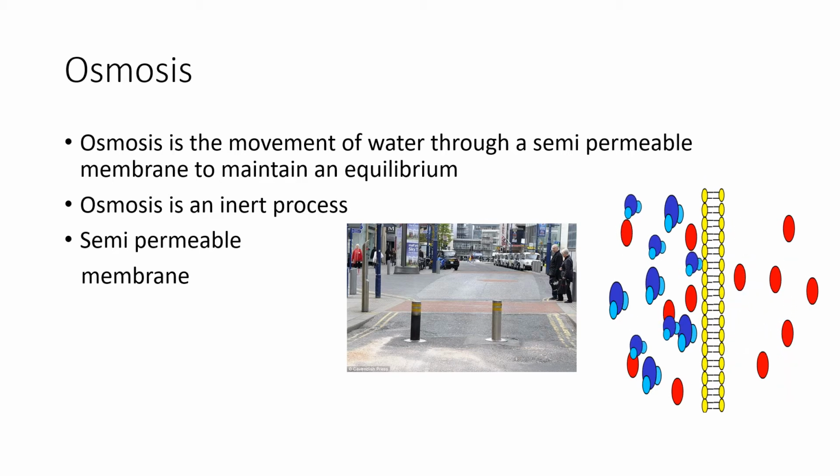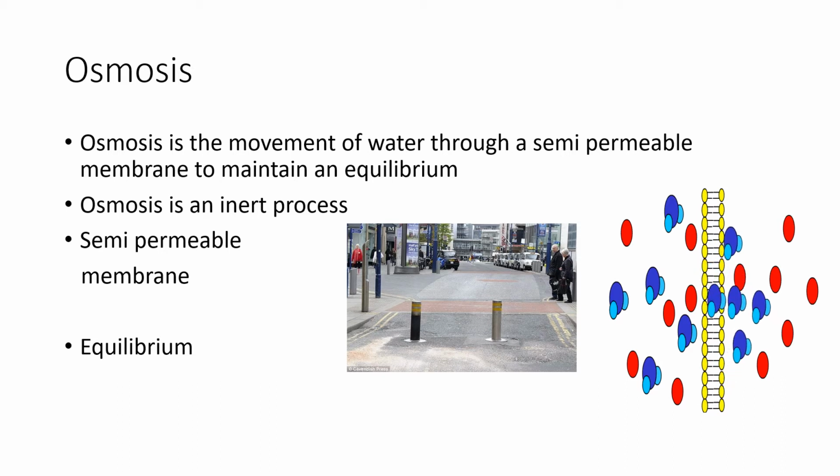But the pedestrians, on the other hand, can walk across through the bollards. So that could be considered like a semi-permeable membrane. If the pedestrians are like the water molecules, they can cross from one side of the membrane to the other. And if my car is considered like a large protein, a large sugar molecule, I can't get my car past the bollards, so I cannot cross the semi-permeable membrane.